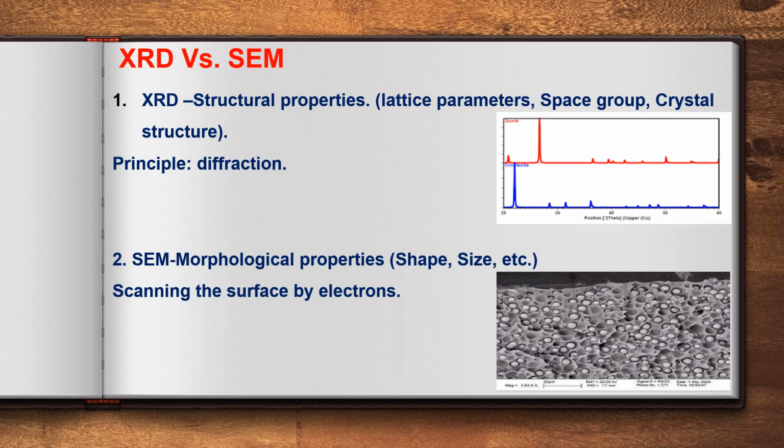That complete information is given by the morphological image. This is the SEM image, and this is the XRD pattern. Both characterization techniques are completely different. One is related to structural properties and the other is related to morphological properties.